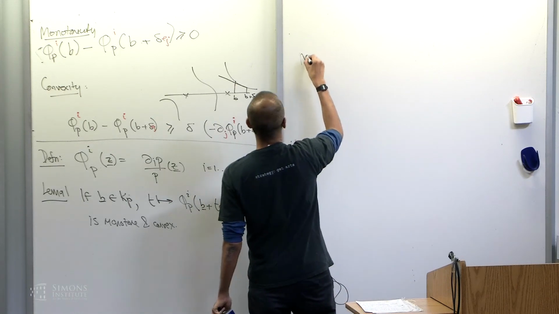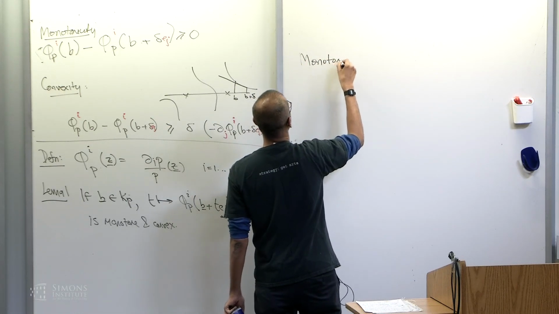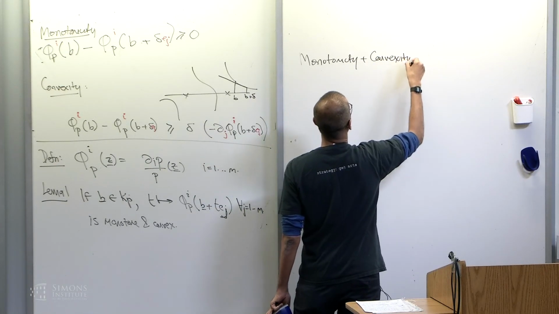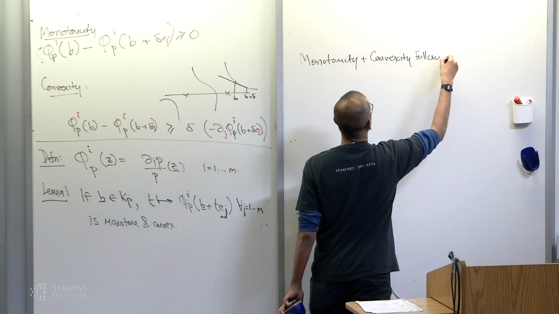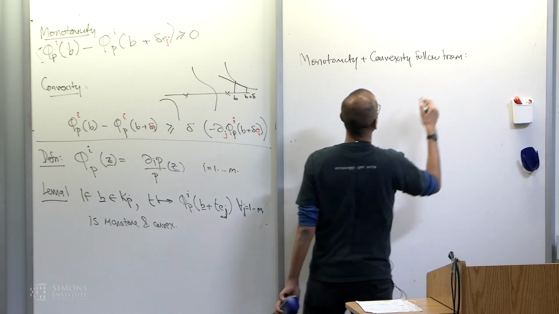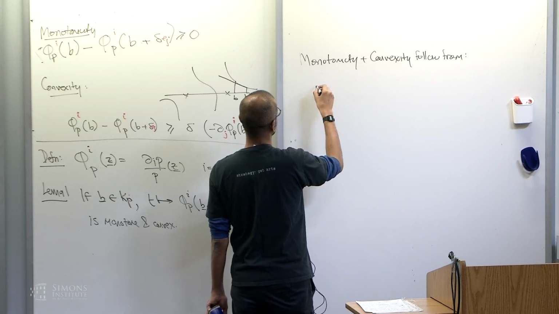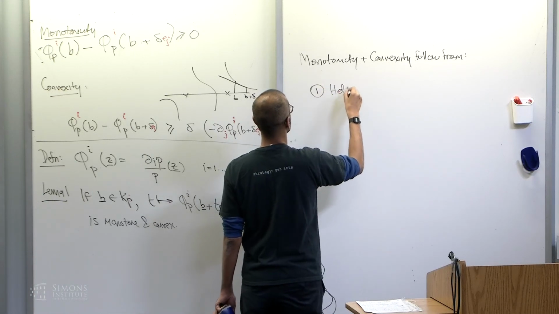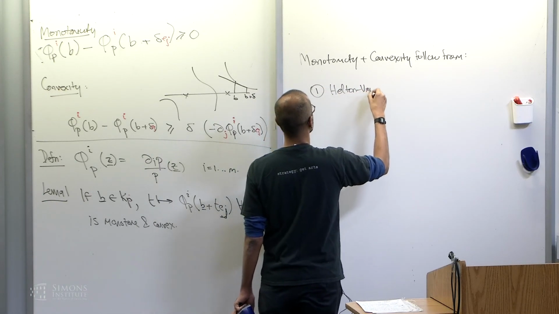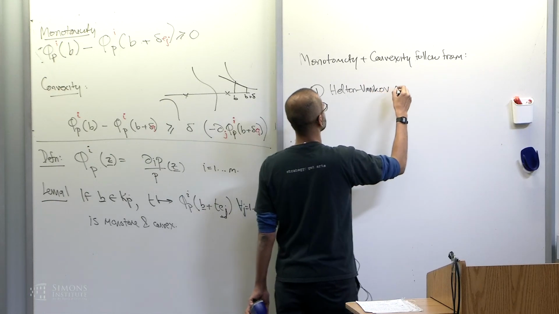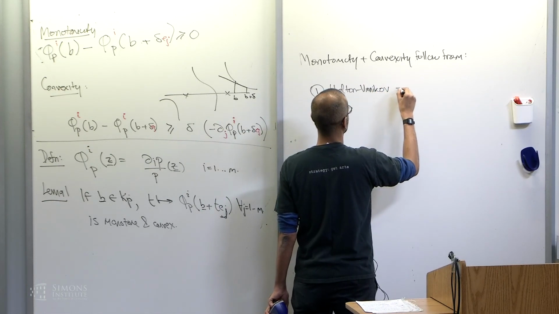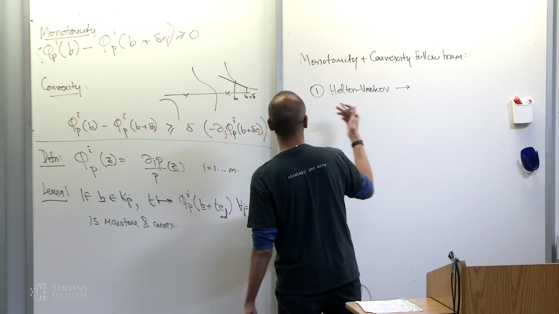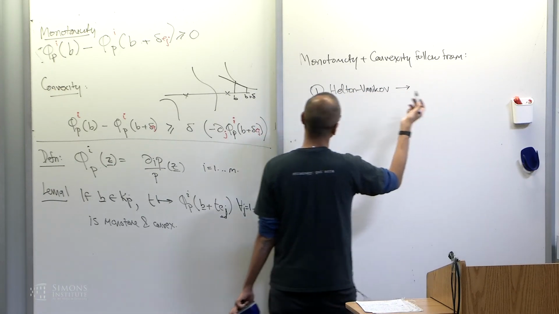Monotonicity and convexity follow from two theorems that I think will be discussed in the workshop. There are two options. One is the Helton-Vinnikov theorem, which says that bivariate restrictions of real stable polynomials are determinants.